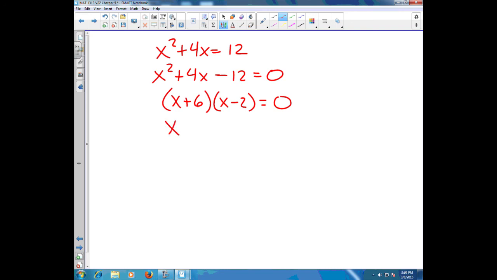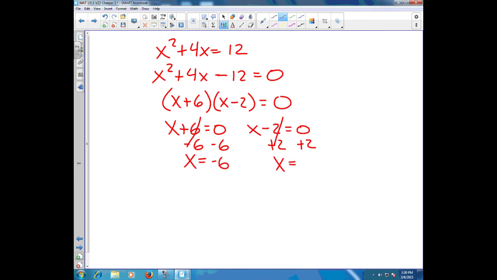Set both of them equal to 0. Remember that if you can't recognize the factoring, you can always use the quadratic formula. So here if we subtract 6 from both sides, we get x equals negative 6. And if we add 2 to both sides, we get x equals 2.